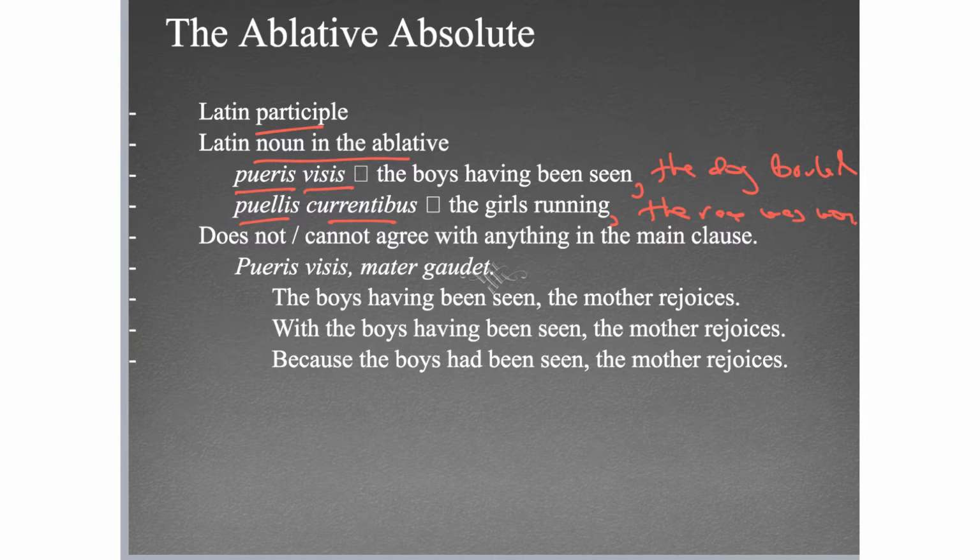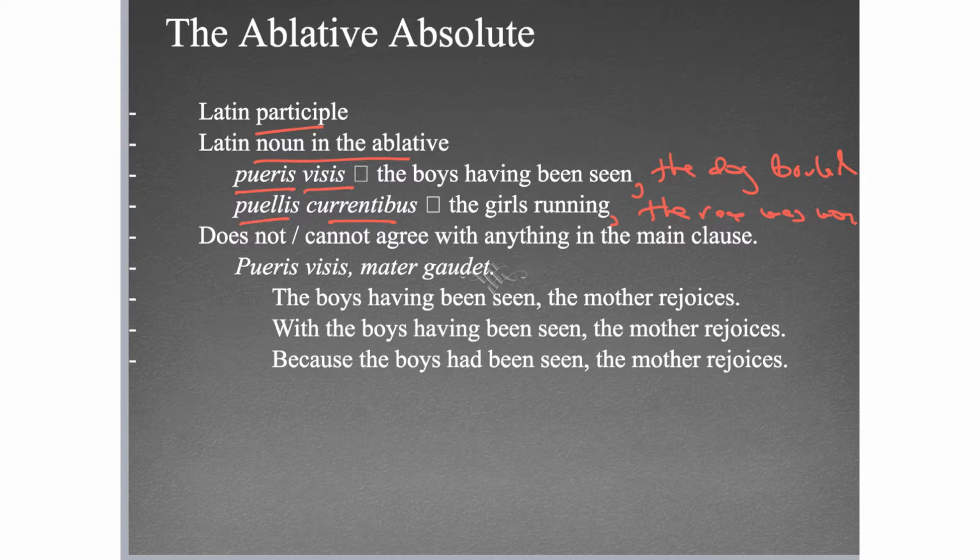All right, now the ablative absolute can be translated in a couple different ways. It can be translated plain, the boys having been seen, as we saw in those examples above, and then we've got a different end of the sentence here, the mother rejoices. You can use with that ablative absolute. That kind of helps you know that it's not the subject. So if I have with the boys having been seen, the mother rejoices, that with prevents you from making the boys the subject.